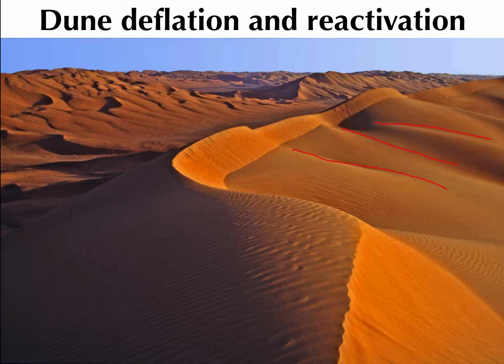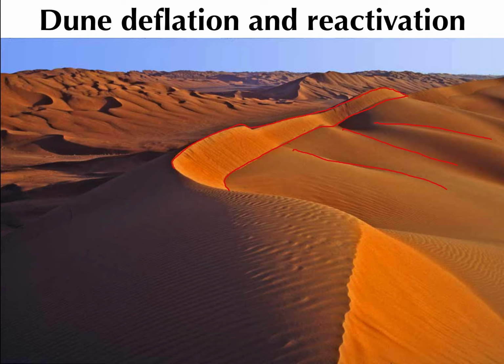If the wind becomes stable again and re-equilibrates in the same direction or a different direction, then these blowout dunes may reactivate and restabilize to form sharp slip faces like the one shown here.